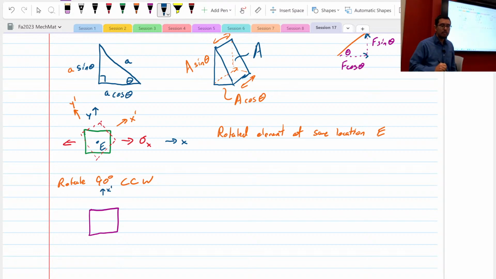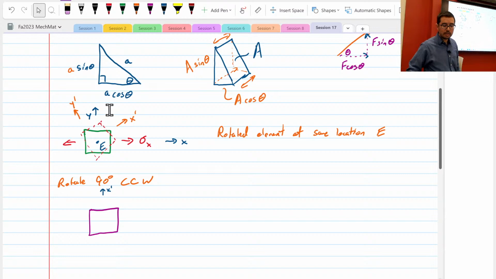Okay, now 45 degrees or 90 degrees. We rotated 90 degrees, right? So we said this box is right on top of this one. So x went to x prime, okay?